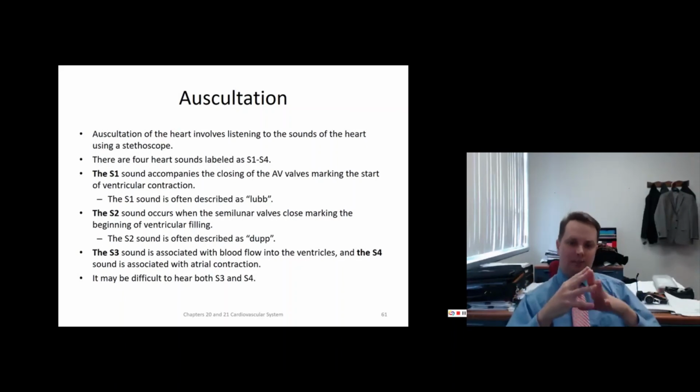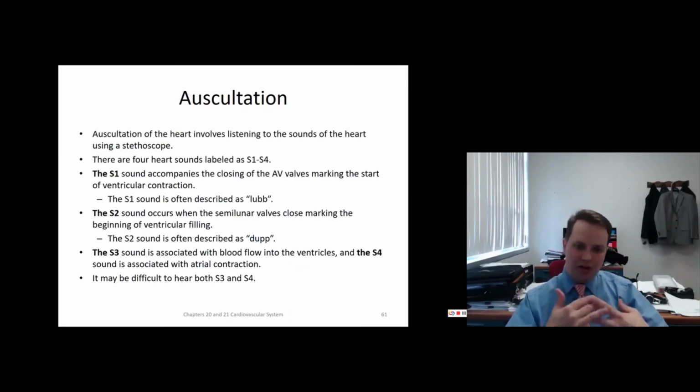That's your lub. S2 is when the semilunar valves close. When the AV valves are closed, the ventricles are contracting. And when the semilunars close, that's when the ventricles are filling.